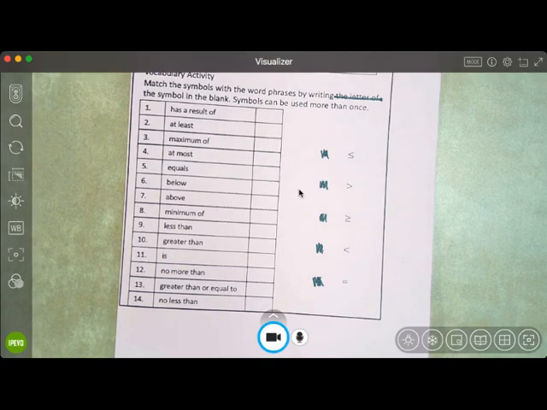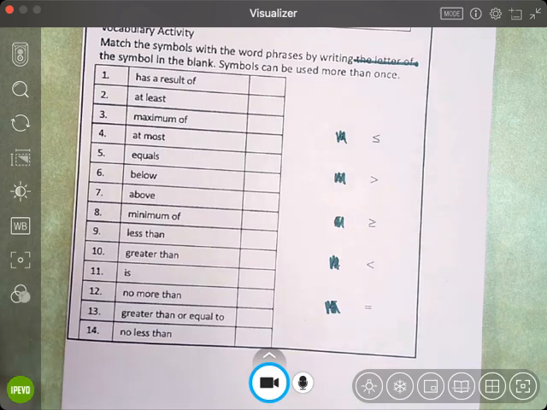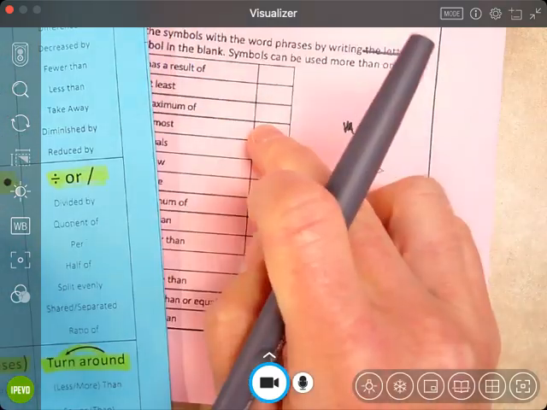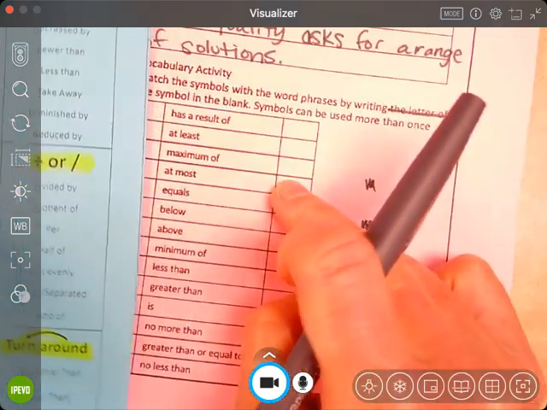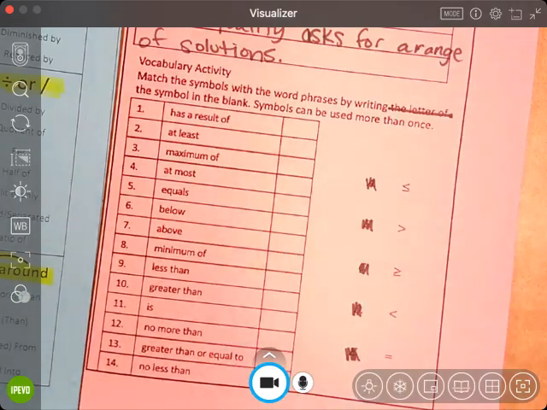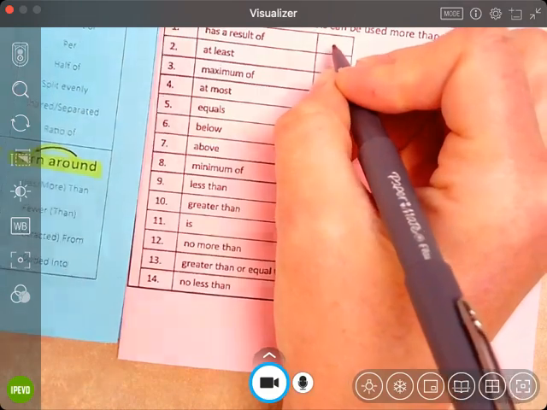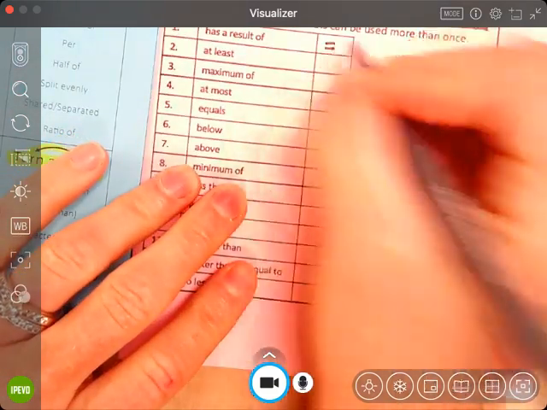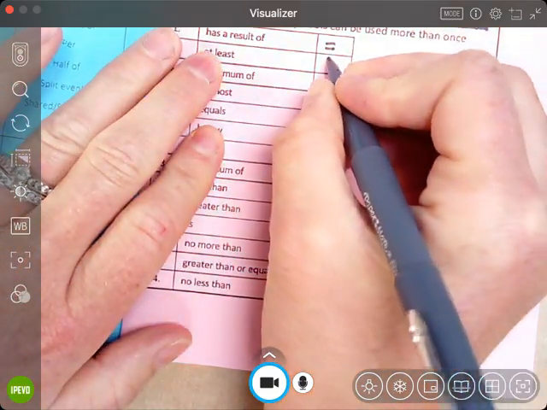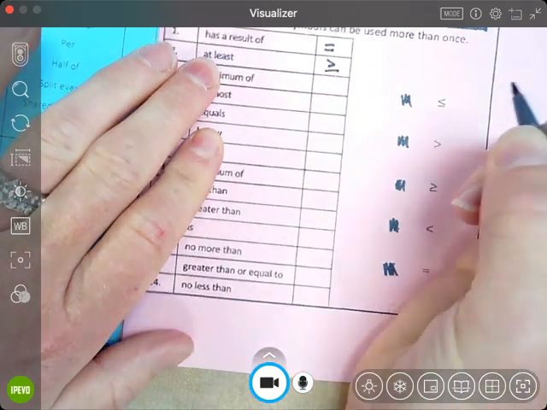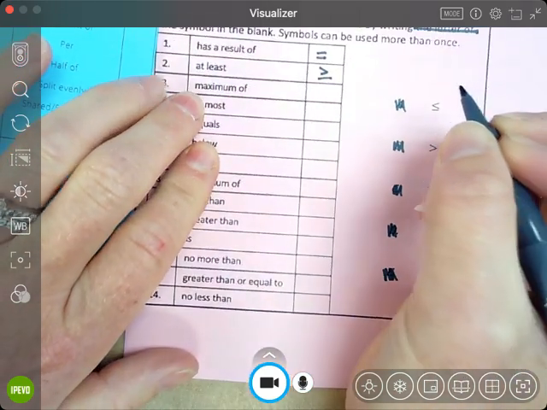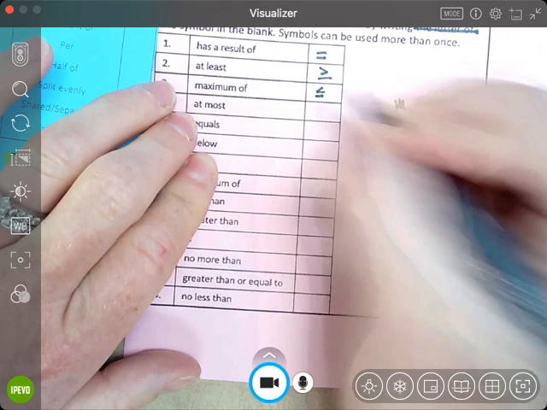Hopefully you've had enough time to look back at your notes to determine what the symbols are. So we're going to go through these pretty fast. So I want y'all to stay quiet. Has a result of, equals. At least, would be greater than or equal to. A maximum of, less than or equal to.